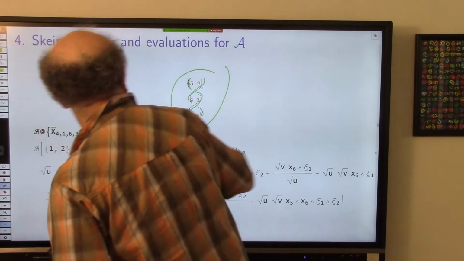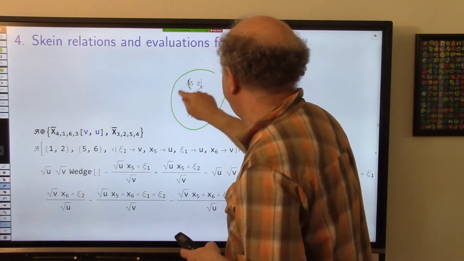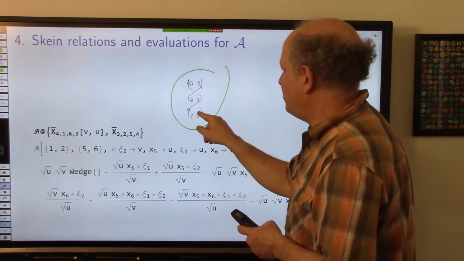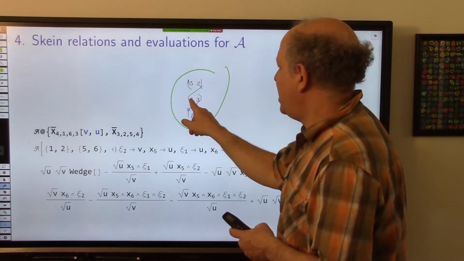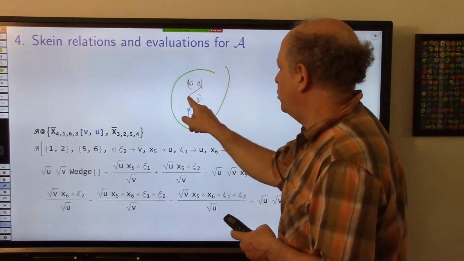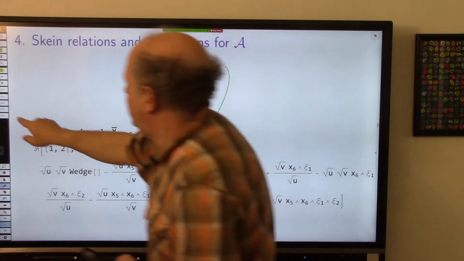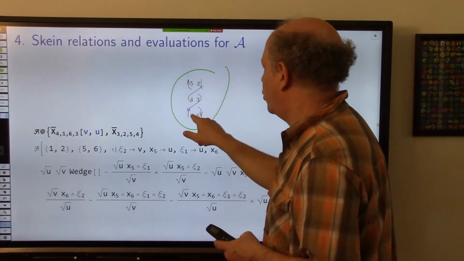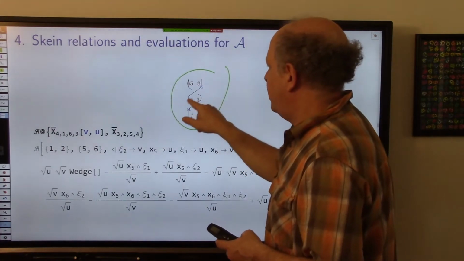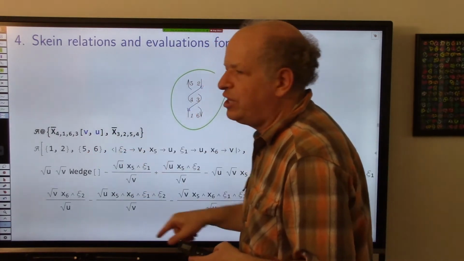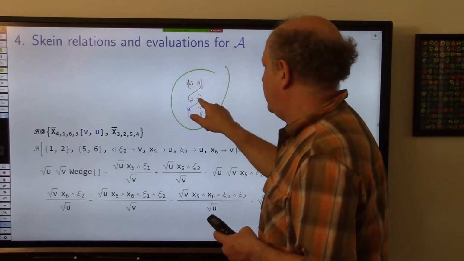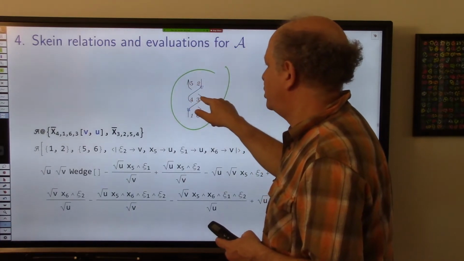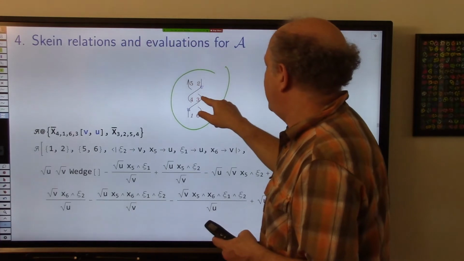So the lower crossing is, by my convention, X. I just go through the labels in order. So 4, 1, 6, 3, and with colors V and U, and the upper crossing is X bar 3, 2, 5, 4.